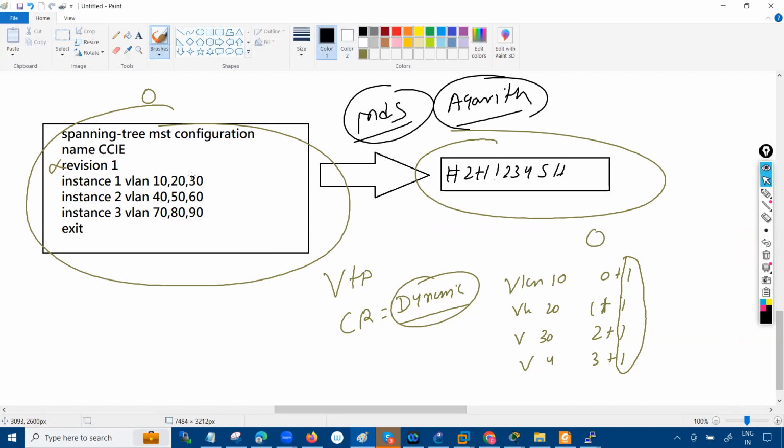Take an example in the future: someone comes and says, in instance number 3 I need to add another VLAN, VLAN 100. You change the VLAN data and the MST configuration. How do I know that someone has changed it? I cannot remember the hash value.